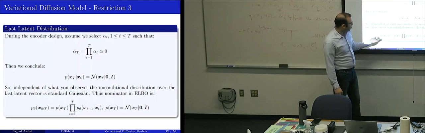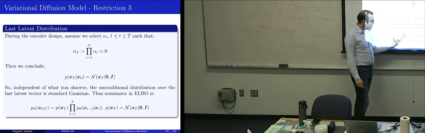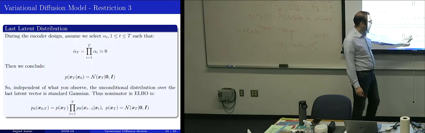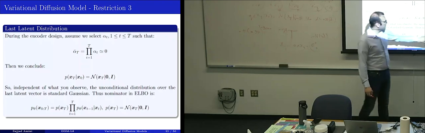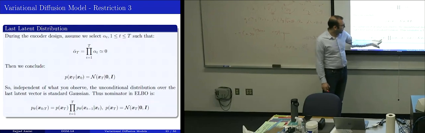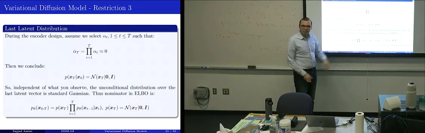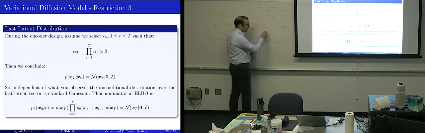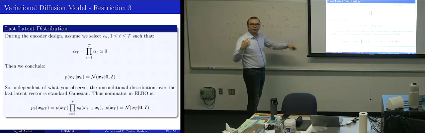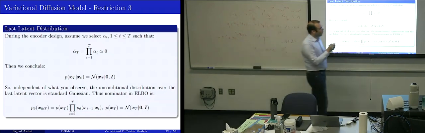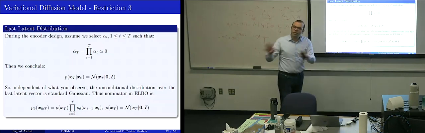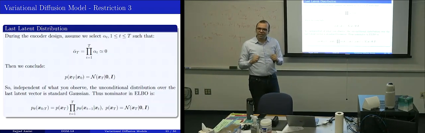In your joint you use this factorization, p of xT multiplied by the other factors, and now you can replace it with a standard Gaussian. Previously we had p theta of xT. Pay attention, this is the decoder, this is the inverse diffusion process. You know at the end, xT is a standard Gaussian, independent of q or p, anything.